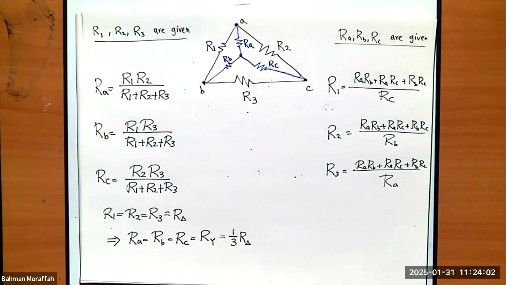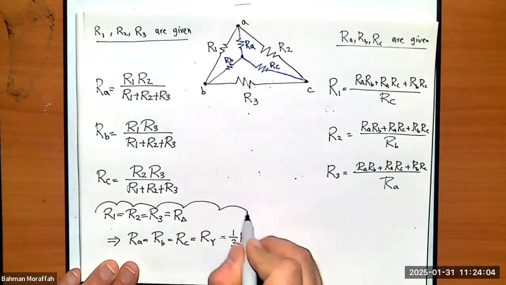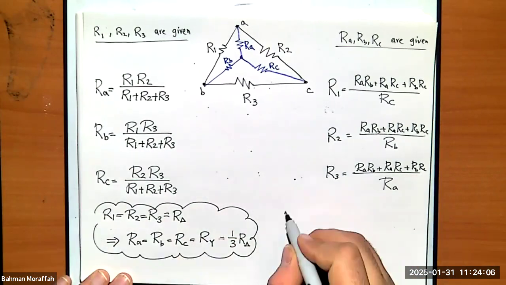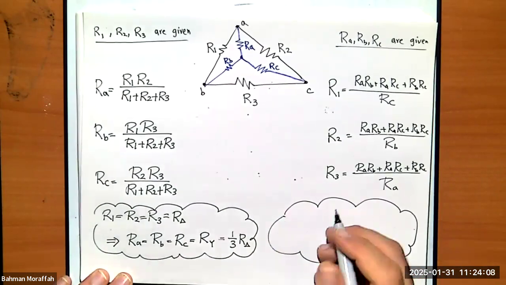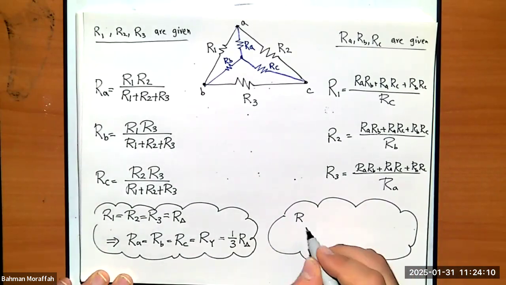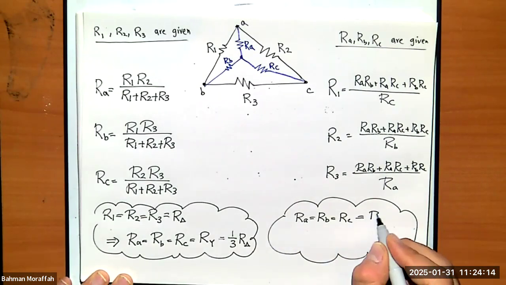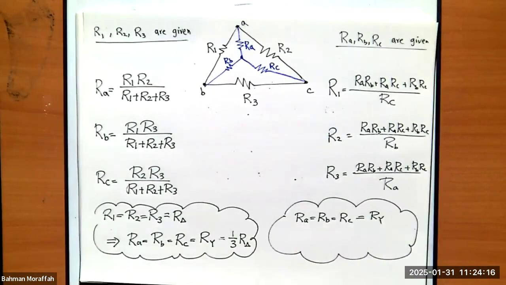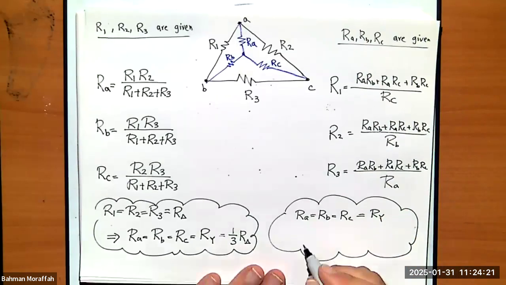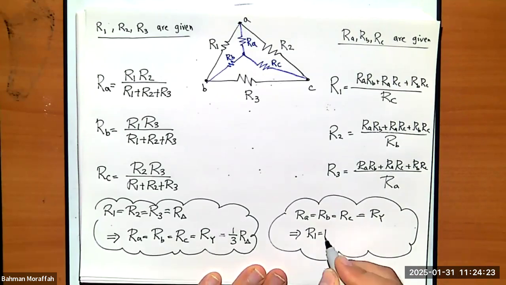And the special case, again, is when RA is the same as RB is the same as RC, which we know is RY. So if I plug it in here, I can see that R1 must be the same as R2, must be the same as R3.